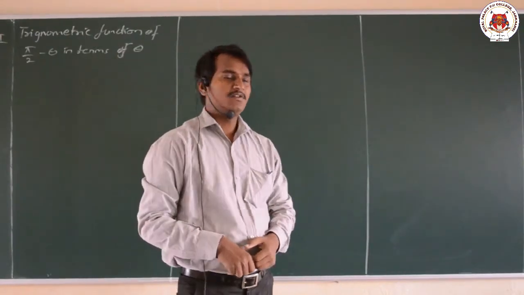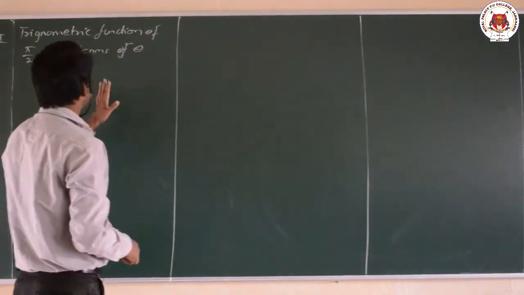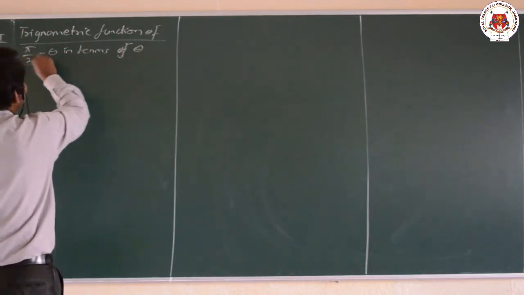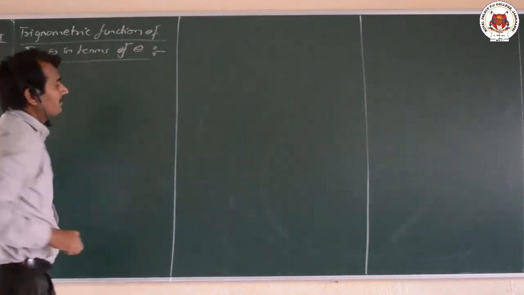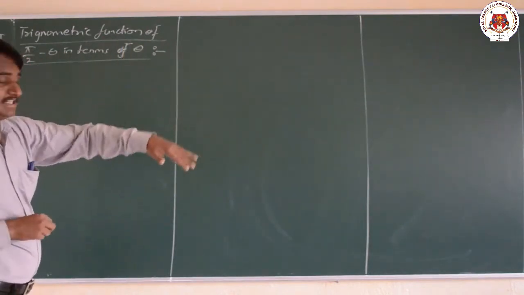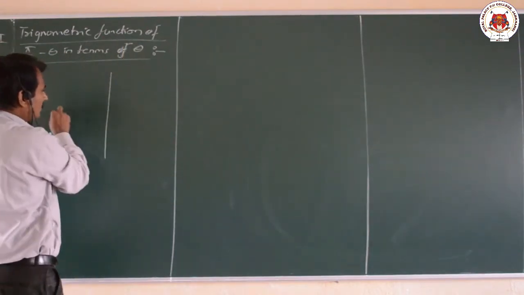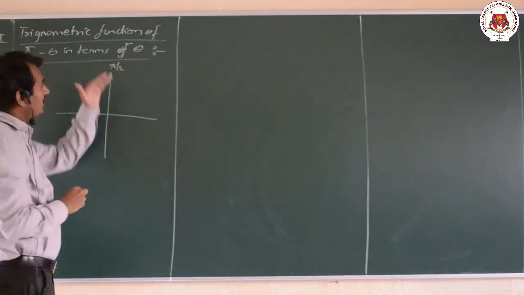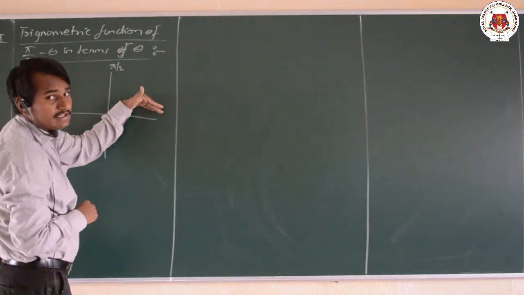Okay, dear students, now let us start with the next point, that is the trigonometric functions of pi by 2 minus theta in terms of theta. It is a very simple thing. Pi by 2 minus theta means it comes in the first quadrant.